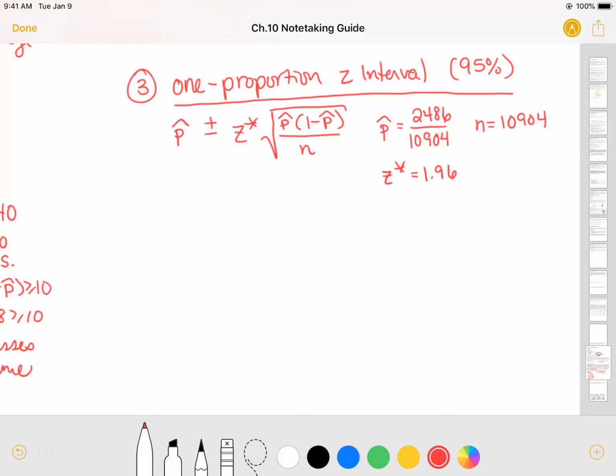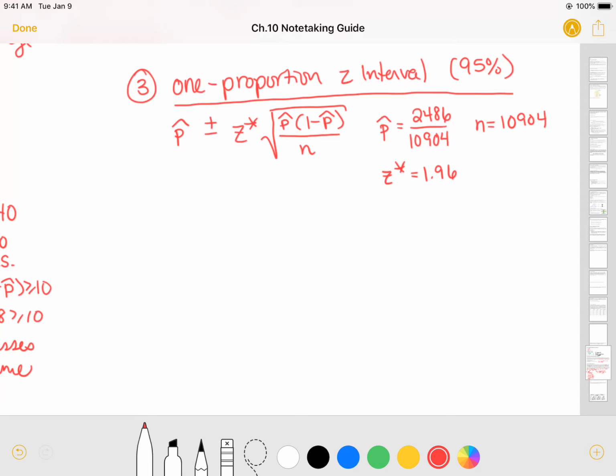Okay, so then you can plug all of these variables right into your formula, or you can press the stat button on your calculator, find the test menu, and select a 1 prop Z test. Not a 1 prop Z test, a 1 prop Z interval. Okay, we're doing an interval. It doesn't matter whether you plug it into the formula on your paper and crunch the numbers, or use your calculator test.